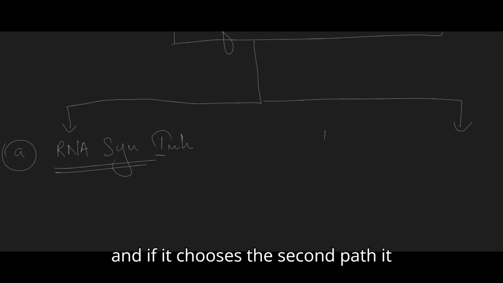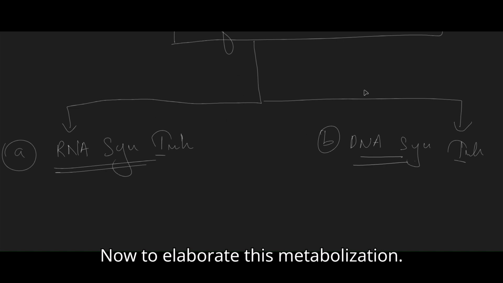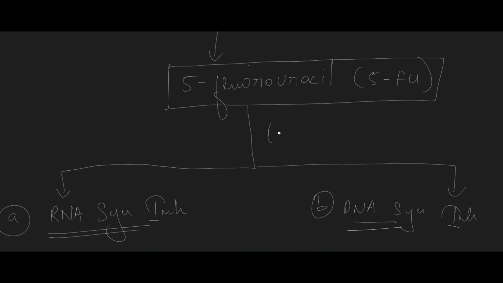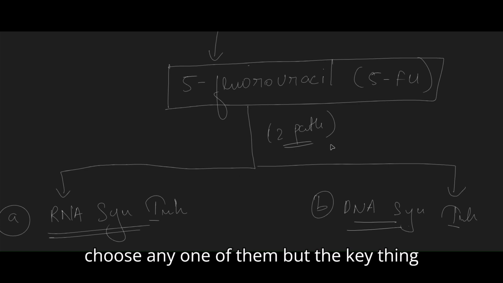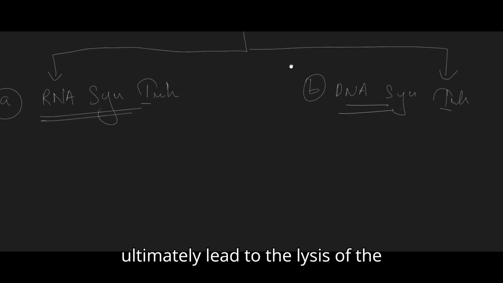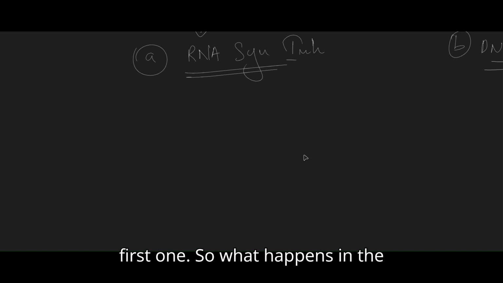And if it chooses the second path, it leads to DNA synthesis inhibition. Now, to elaborate this mechanism of action, these are the two pathways which this metabolite can choose. It can choose any one of them, but the key thing is that any one of them or both of them will ultimately lead to the lysis of the fungal cell. So let me explain the first one.